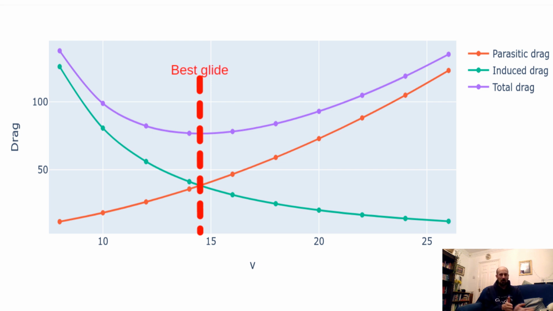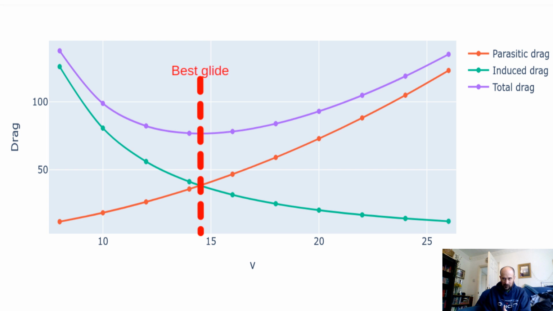We're assuming the lift is constant, so if the drag is a minimum, that's the speed at which you get the maximum lift to drag ratio. That's the speed that you get the maximum glide angle. You can see from this graph that the best glide speed is where the two drag curves cross each other. That means that if you're flying at best glide, exactly half your drag is due to induced drag and exactly half your drag is parasitic drag.